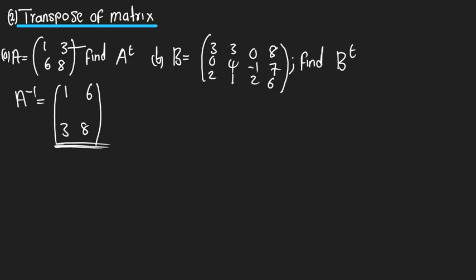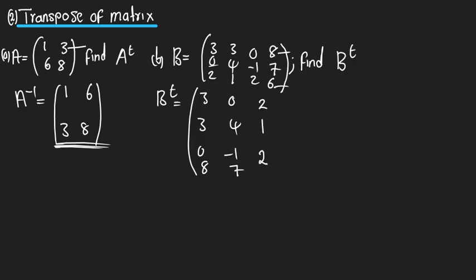Then B transpose: whatever is in the rows, make it columns. So it's going to be 3, 3, 0, 8. We come to this part, so it's going to be 0, 4, negative 1, 7. We come to this part, which is going to be 2, 1, 2, then 6.